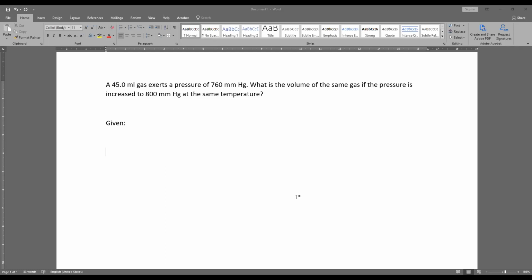The givens are: volume 1 is equal to 45 ml, pressure 1 or P1 is equal to 760 millimeter of mercury, and we are looking for volume 2.